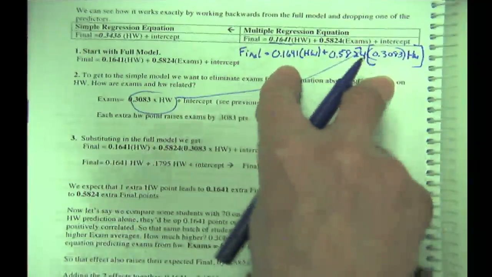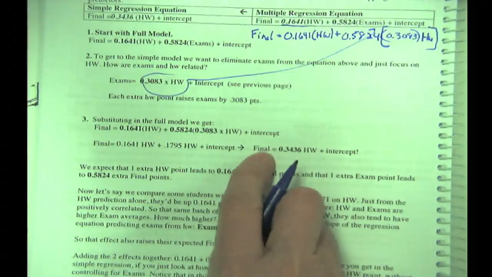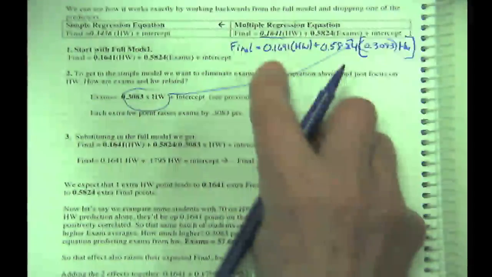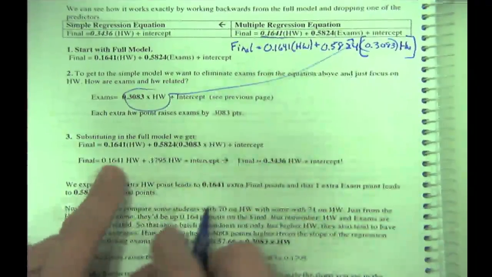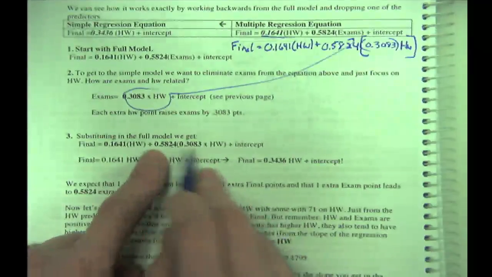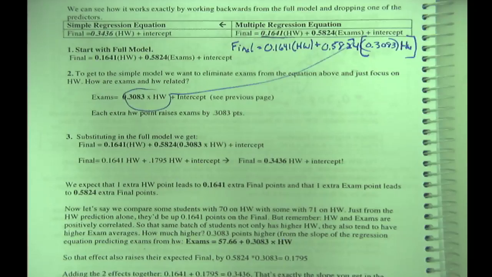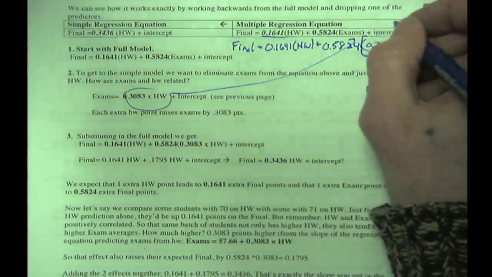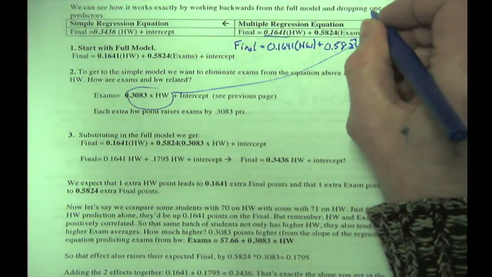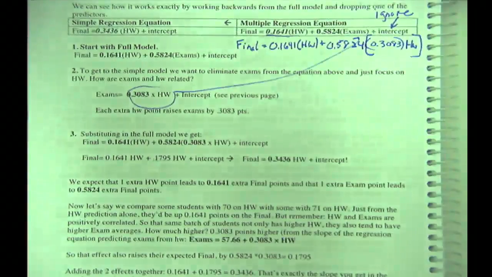And then if I add these together, I go through the steps and explain it here, I get exactly it. So if you add 0.1641 plus that, you'll get just that. I'm just ignoring this intercept because I just want to explain this. This is boring, the intercepts. I just want to explain the slopes.